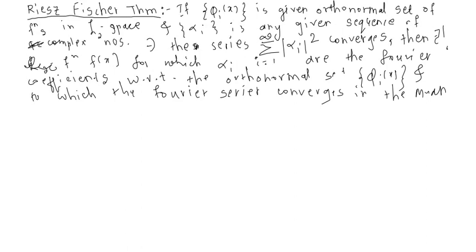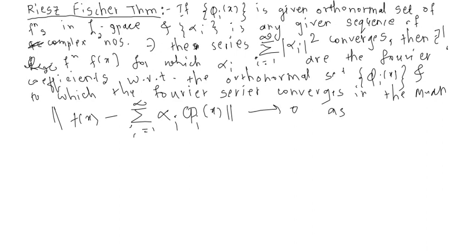That is, the norm of f(x) minus the summation from i equal to 1 to n of alpha_i phi_i(x) will go to 0 as n goes to infinity.